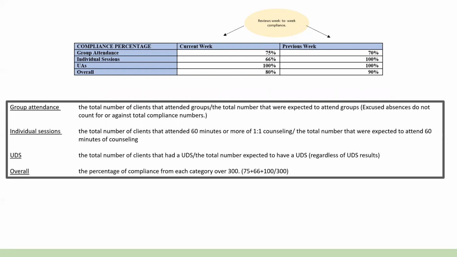UDS compliance is measured by determining how many clients received a UDS as opposed to how many were expected to receive a UDS. Overall compliance is determined by adding the compliance percentage of each of the above 3 categories and dividing that by 300. Next slide.